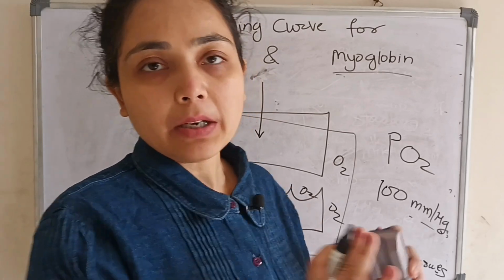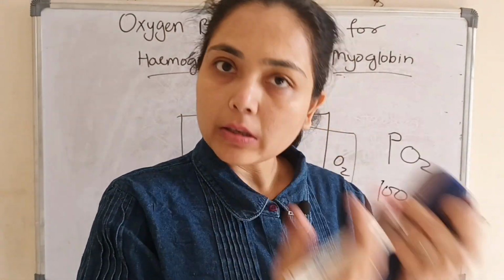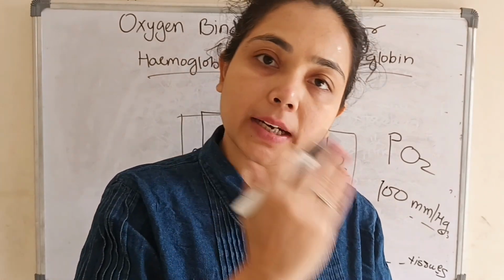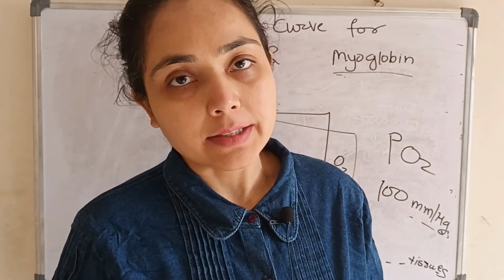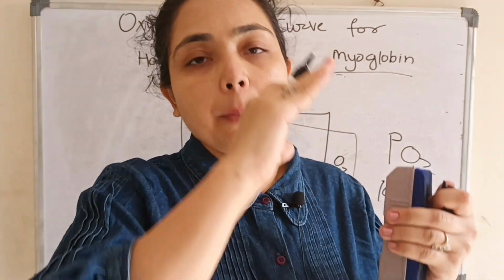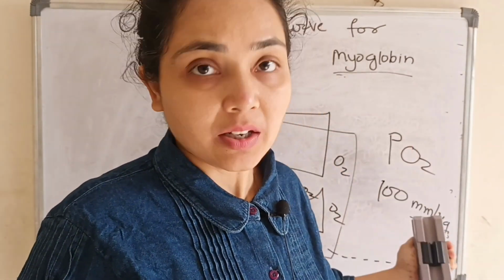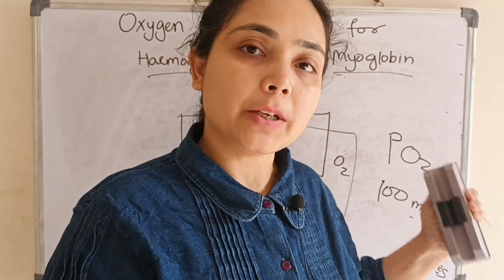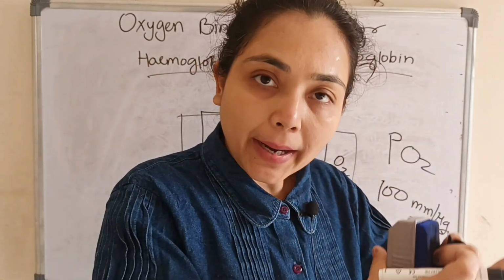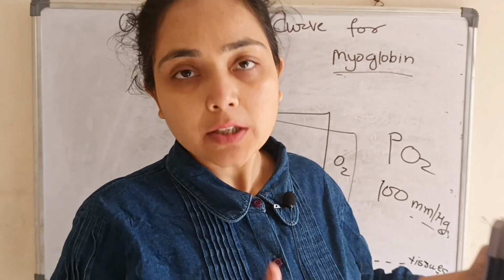Ultimately it will reach the tissues. In the tissues, there can be two types, a resting tissue or an exercising tissue. In both cases, the partial pressure of oxygen is less as compared to the lungs. In the lungs, the partial pressure of oxygen is more, so the binding takes place. In the resting tissues or the exercising tissues, it is even less.